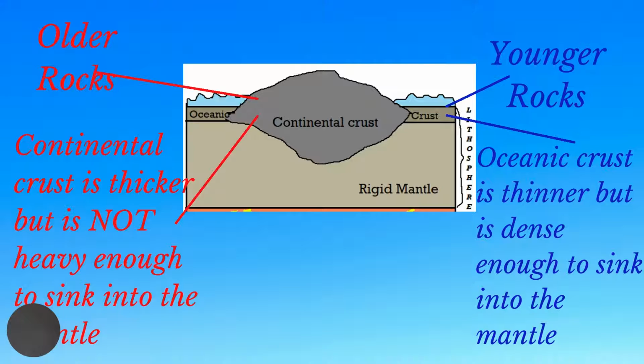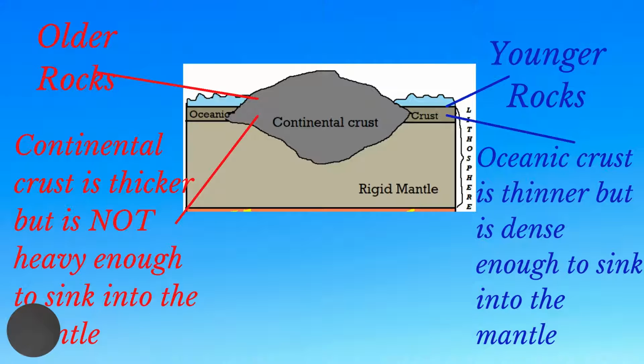Because of this, the rocks are constantly being recycled, and so the rocks that make up the oceanic crust are younger. The continental crust, on the other hand, is thicker but less dense than the oceanic crust.